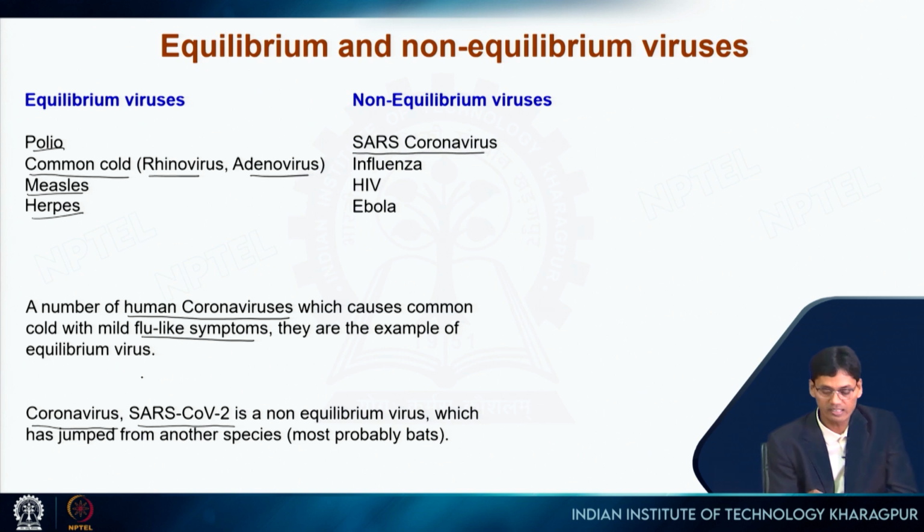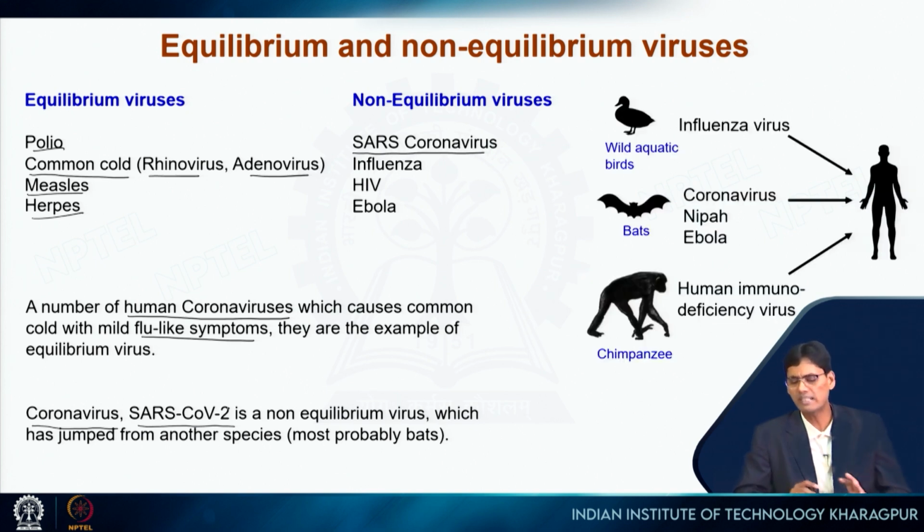This again, if I write, is severe acute respiratory syndrome coronavirus. SARS-CoV-2 is a non-equilibrium virus which has jumped from another species. Most probably it has jumped from bats. But anyway, as I already mentioned, most of the non-equilibrium viruses recently jumped from some other species.